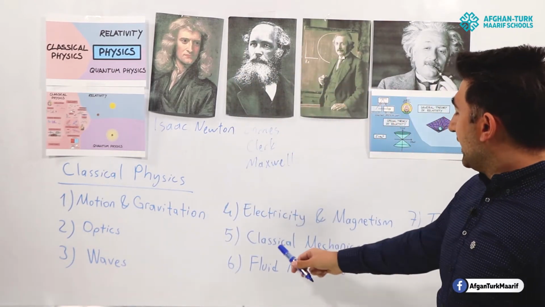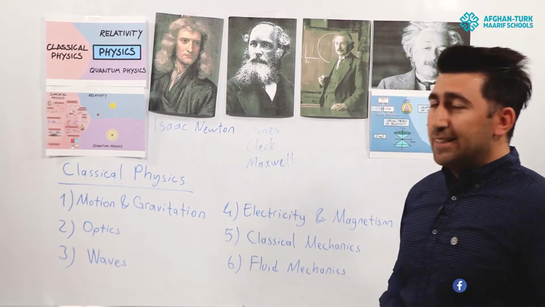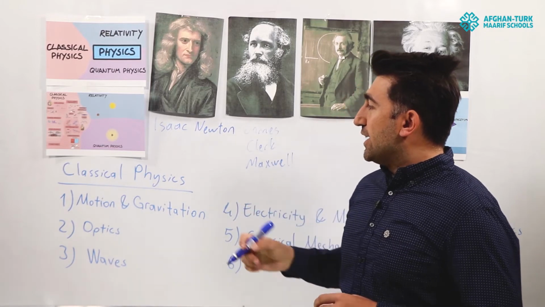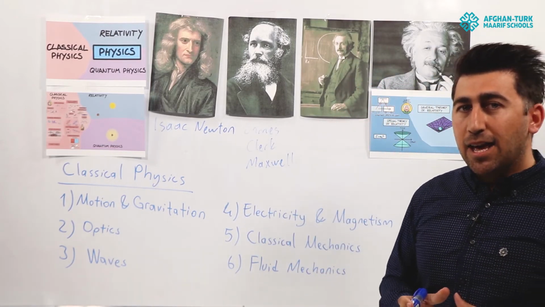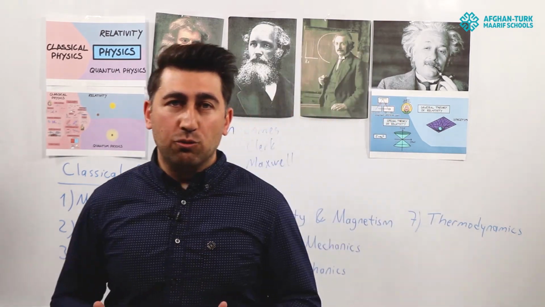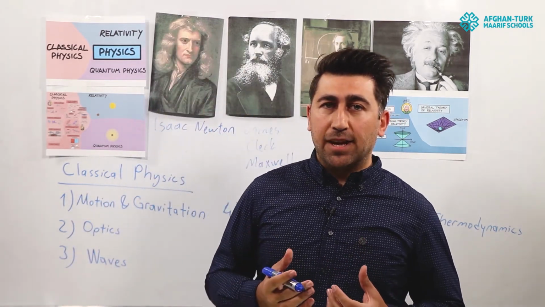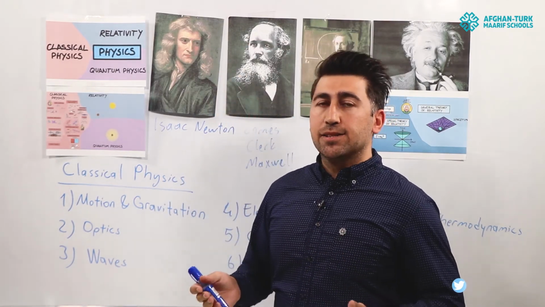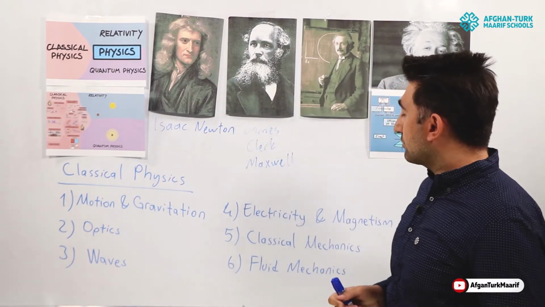Okay, let's continue with classical mechanics. Classical mechanics is all about Newton's laws of motion, and it covers the properties and motion of solid objects, how they move when forces act on them, and what happens when they are joined together, like gears, buildings, and bridges.